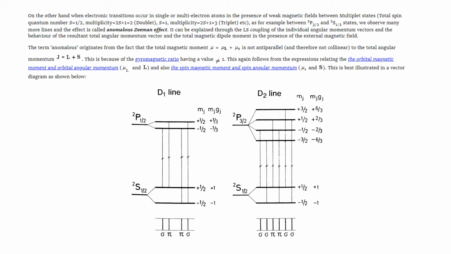Yes, we are saying when spin is not 0, when the total spin is half. If the total spin is half, using the multiplicity 2S plus 1, you are having 2, that is a doublet, and when you are having S equal to 1, then the multiplicity will be 3.